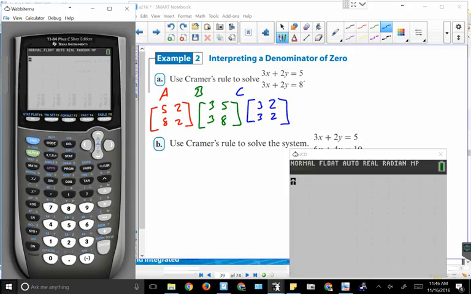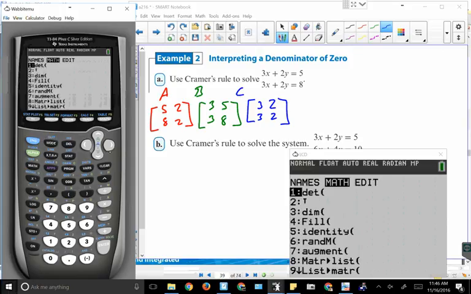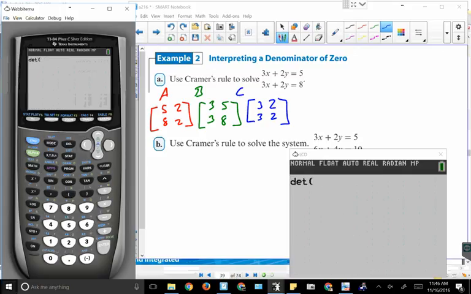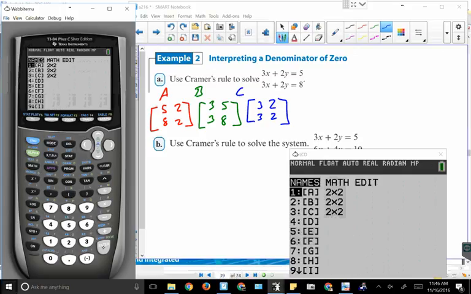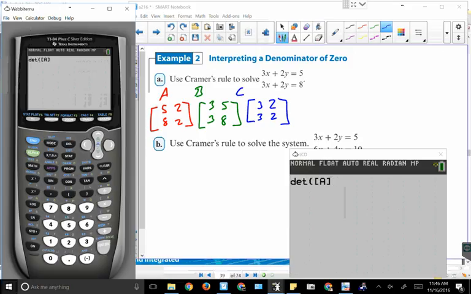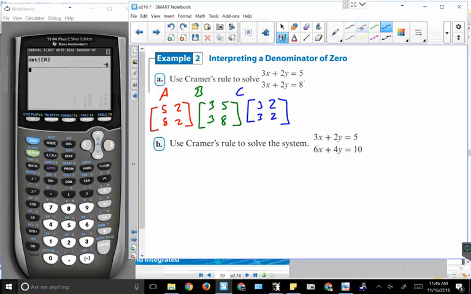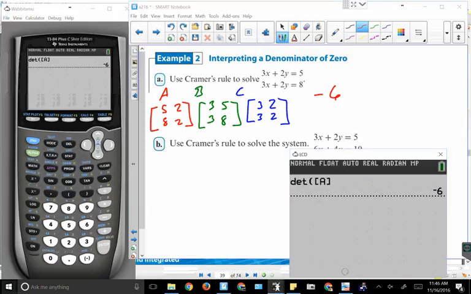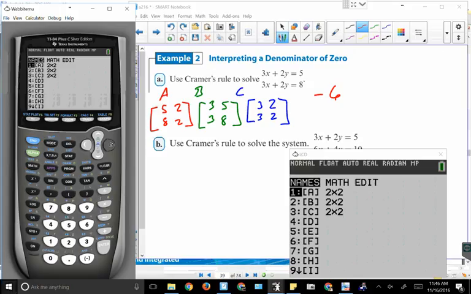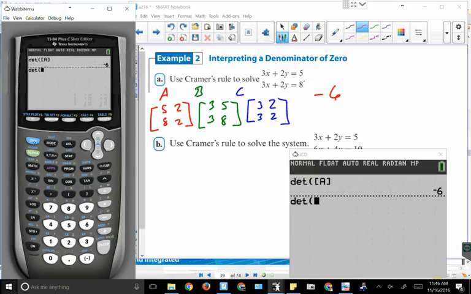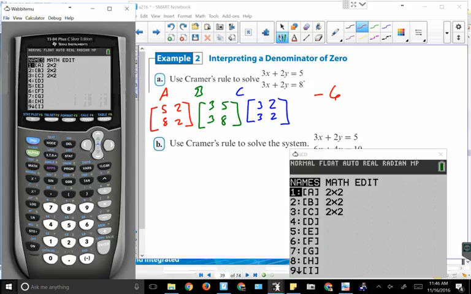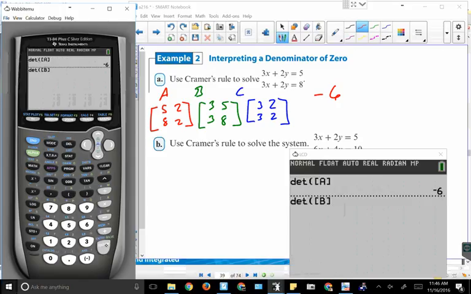So, matrix, math, determinant, A, -6. Okay. Second matrix, math, determinant, B. That turns out to be 9.